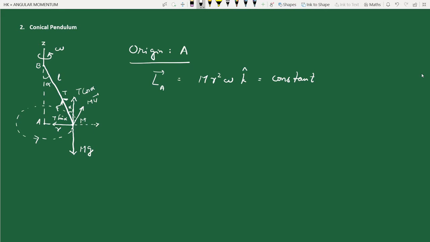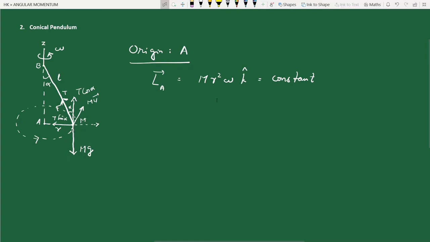The bob is undergoing uniform circular motion in the xy plane. There is no upward or downward motion of the bob. That means the net force acting in the vertical direction on the bob will be 0. So T cos alpha upward and weight in the downward direction should balance each other.